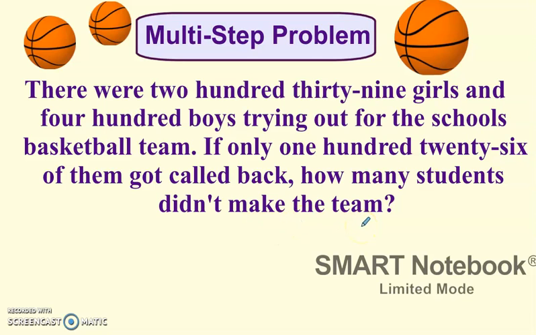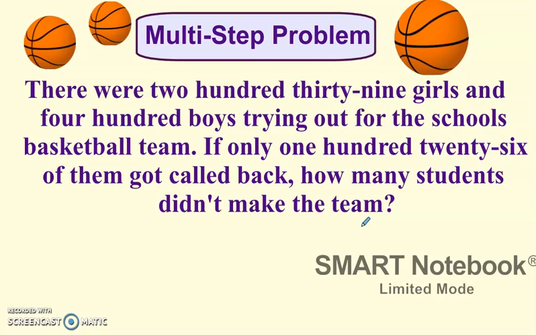Okay, my friends, remember the problem-solving checklist. We ask ourselves, what are they asking us? What is that question? We look for our numbers that we're using in the first part. We underline them. Then we look for our action words, so we know if we are going to add or subtract.